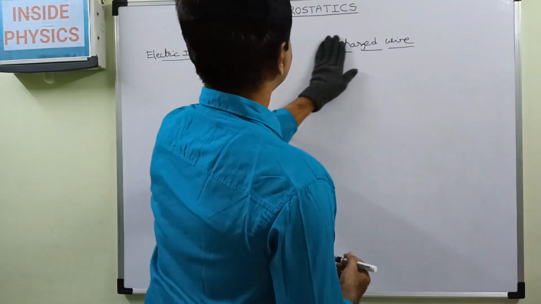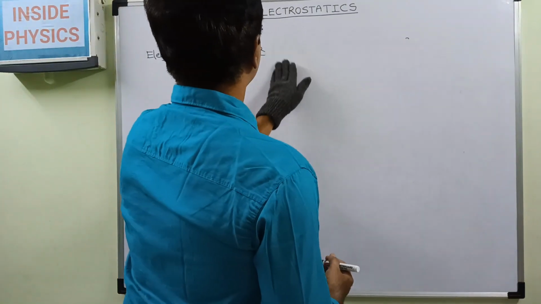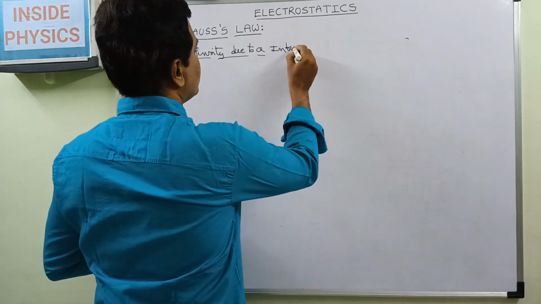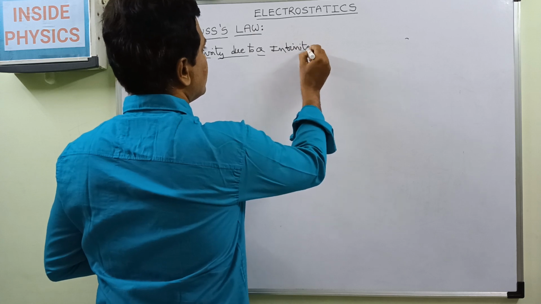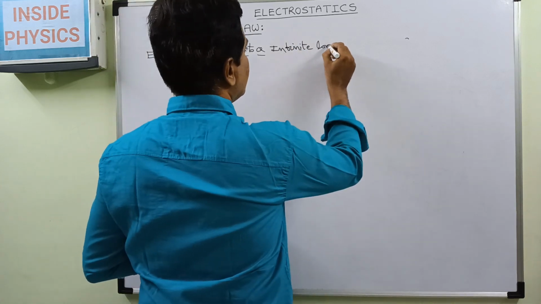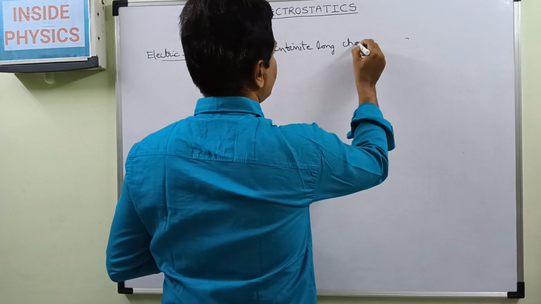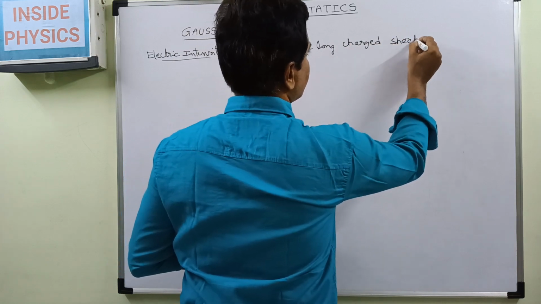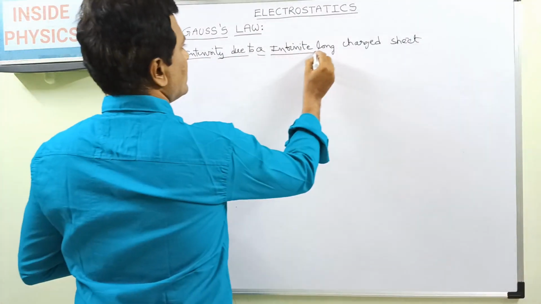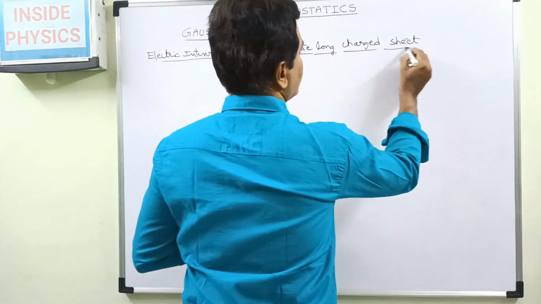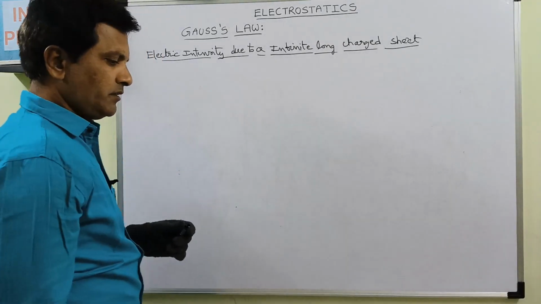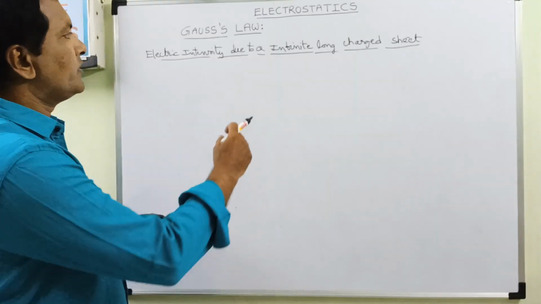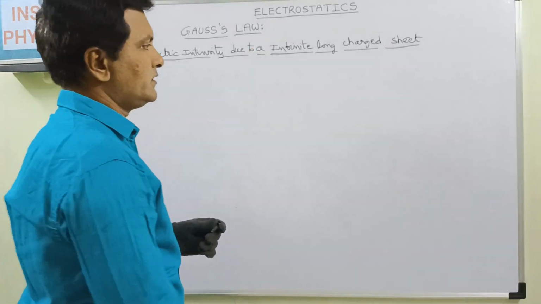The electric intensity due to an infinite long charged sheet. This is the second application by which we can find the electric flux due to an infinite long charged sheet.